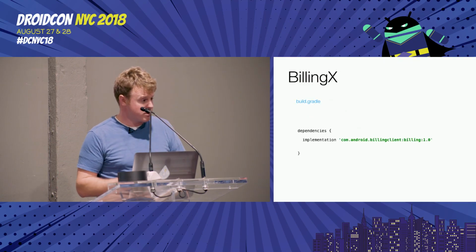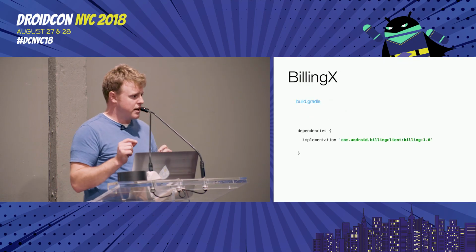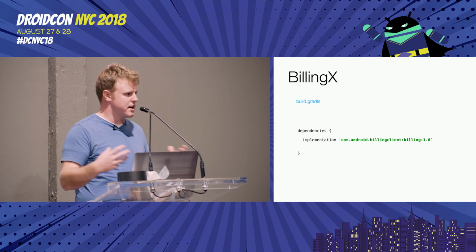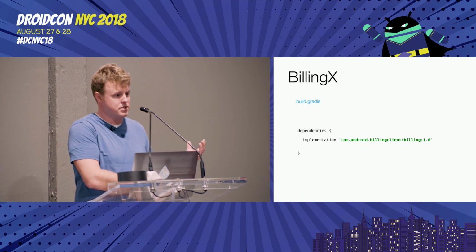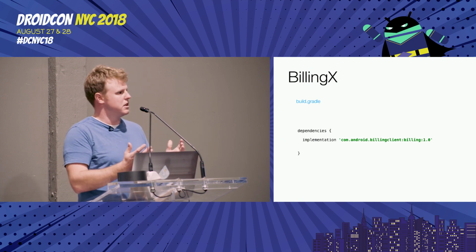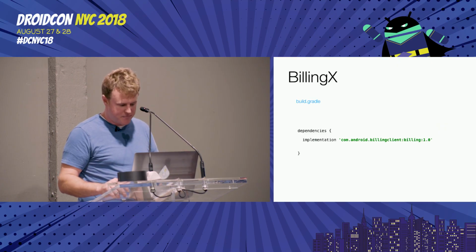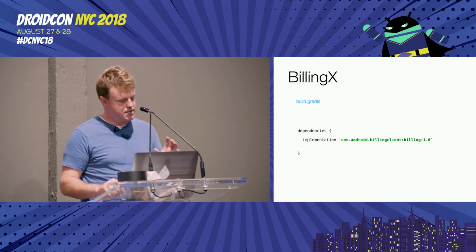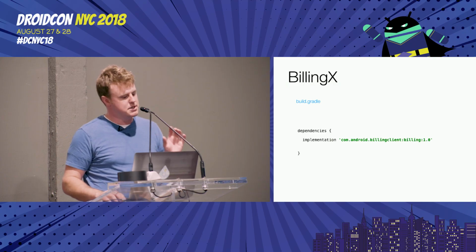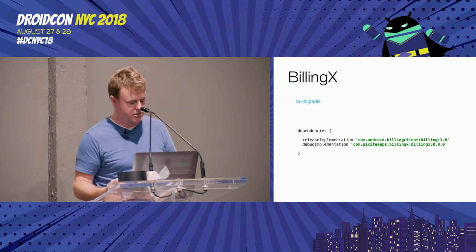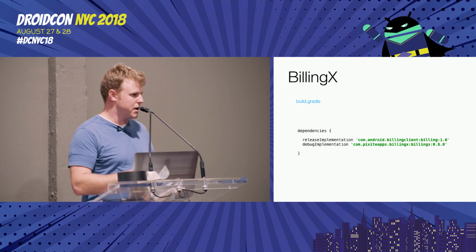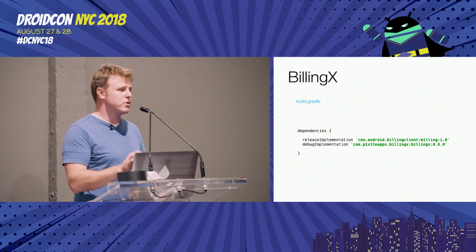And then we go into our dependencies. And this is a little tricky. We're used to always adding new dependencies to this implementation. Can't remember what they're called, context. And what you're going to do is move the existing billing client dependency into your release implementation and add BillingX to your debug implementation. This is really important.